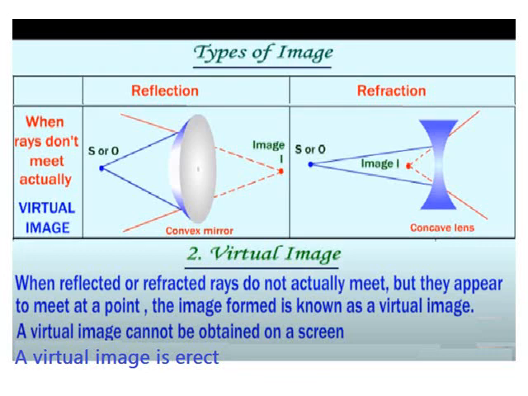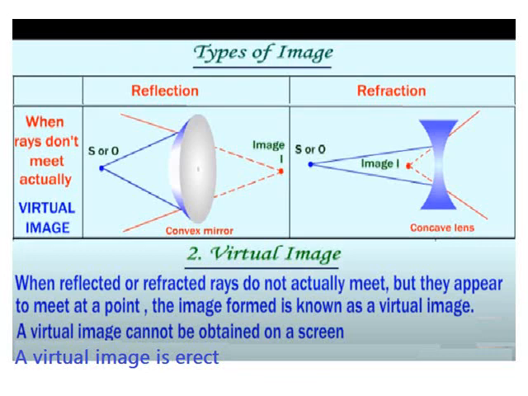The blue color dot S is the source or the object. The blue color light rays are the incident rays, and they strike and get refracted by the concave lens.